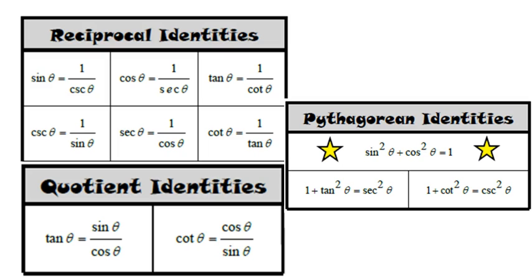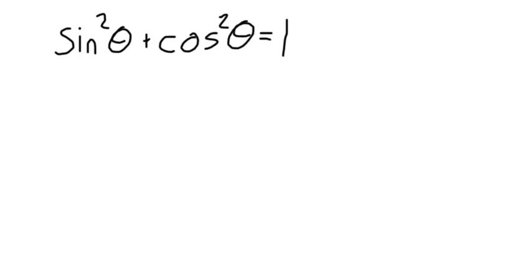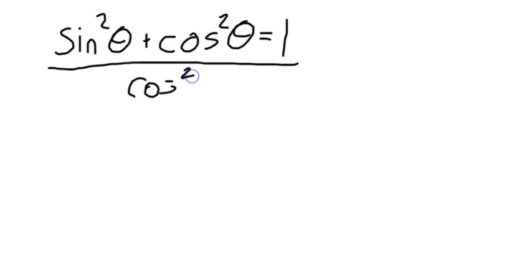Now I'm going to show you how we go from our main Pythagorean identity and get this identity. If we start with sine squared theta plus cosine squared theta equals 1, I'm going to divide this whole equation by cosine squared theta. Sine squared theta divided by cosine squared theta, sine over cosine is tangent, so that first term is going to be tangent squared theta.